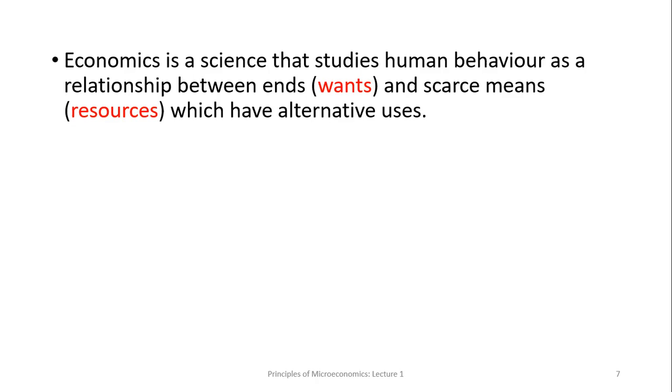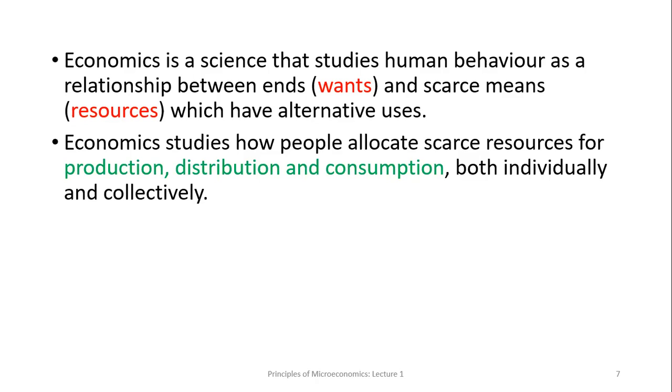And remember, the wants are different in importance. Some wants are more important, some are less important. Similarly, the resources have multiple uses. We can also say that economics studies how people allocate scarce resources for production, distribution, and consumption, both individually and collectively.